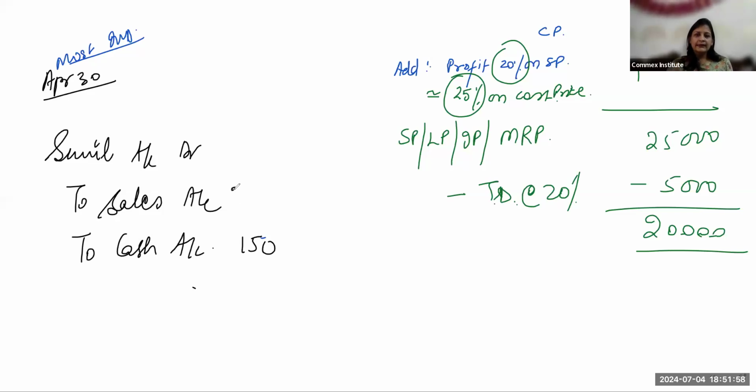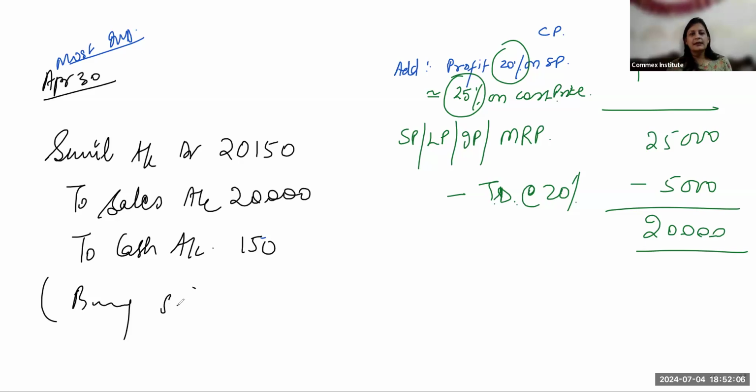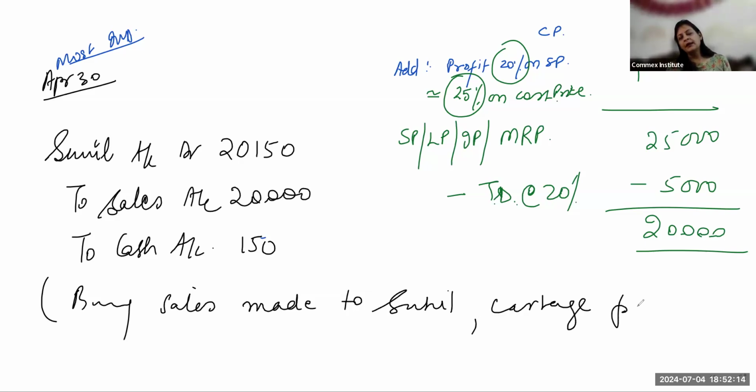So the sales is 20,000, and the amount would be 20,150. Being sales made to Sunil, cartage paid, chargeable from Sunil.